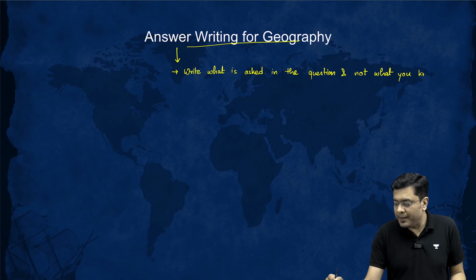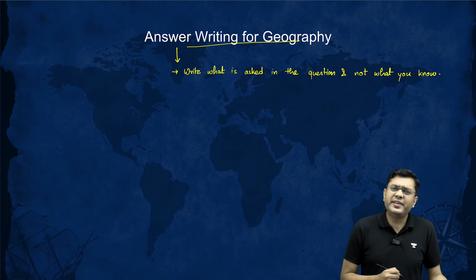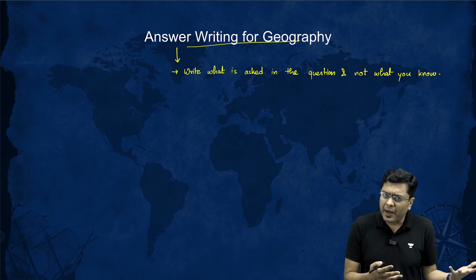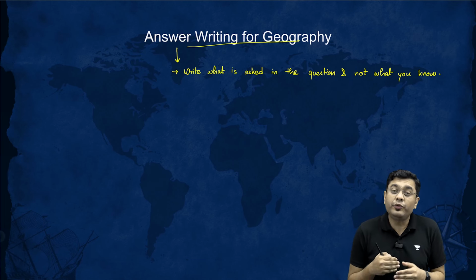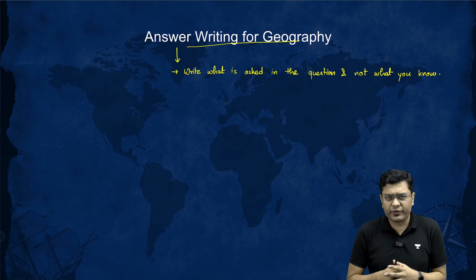Now this might seem a very simple sentence, that isn't it what the mains examination is about? Replying and answering to what the question paper is. But this is where many of the candidates commit mistakes.